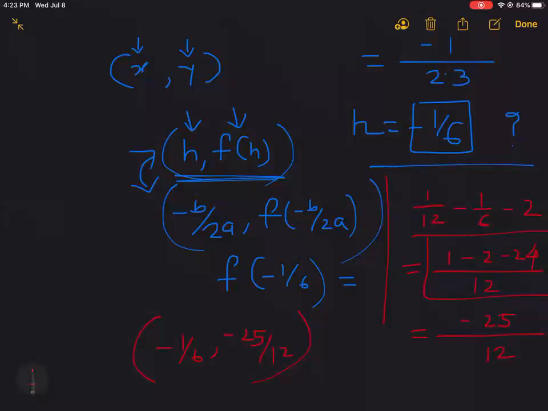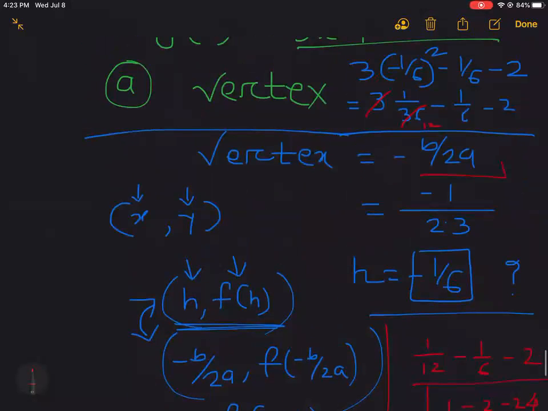Be very careful. Look at the question first, what it actually wants you to do. Does it want you to find only the x value using this formula? Does it want you to locate the vertex like this? Or does it have an instruction below the question that says write using an ordered pair?